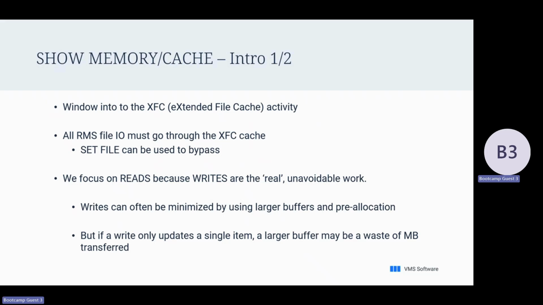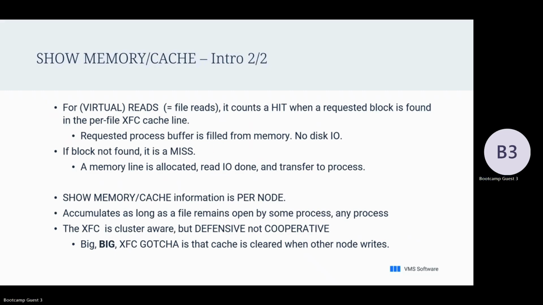So maybe instead of writing once every 5 records, you can write once every 50 records. There is tuning possible for writes, but less so. In RMS indexed files, in concurrent environments, we typically force a write for every activity to have resilience.